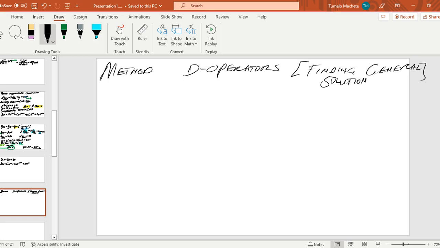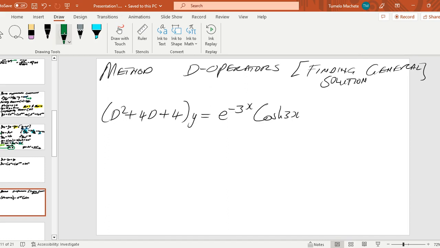Let's say we take one that has similar factors, like D squared plus 4D plus 4, and y equals e to the minus 3x cos 3x. So when I say similar factors, I mean this.